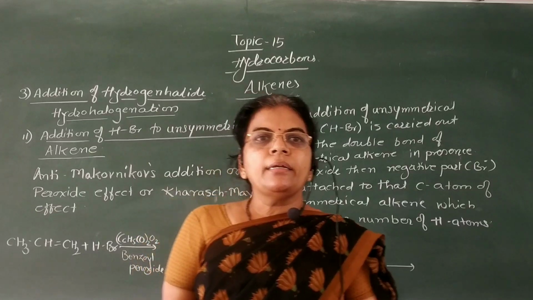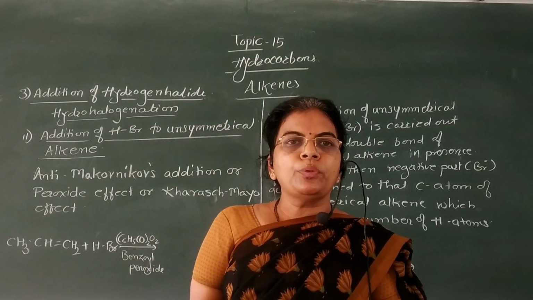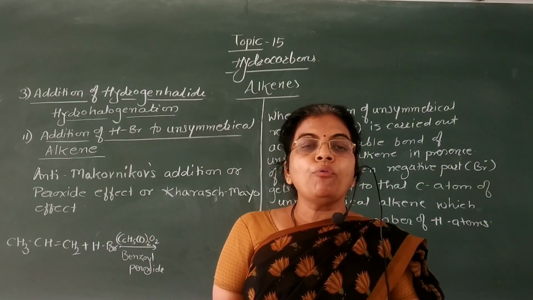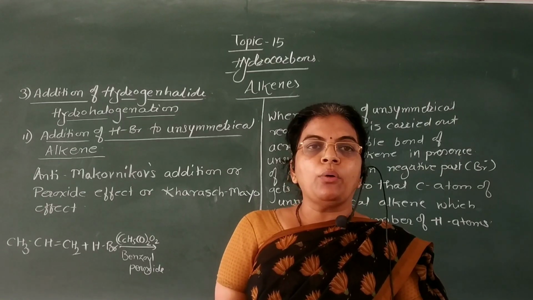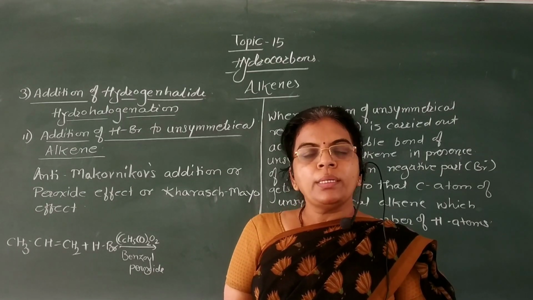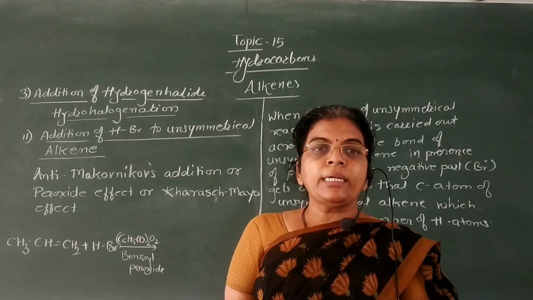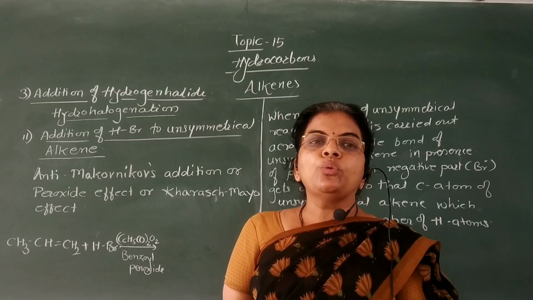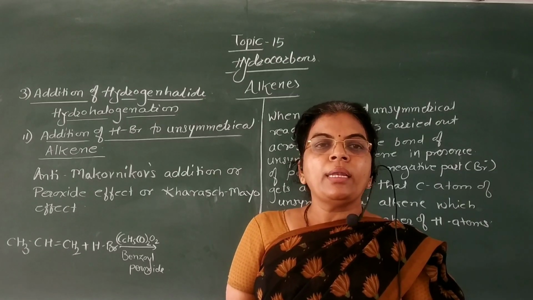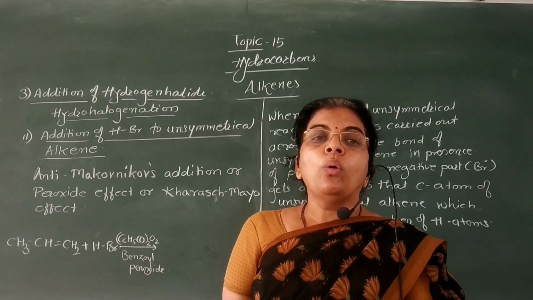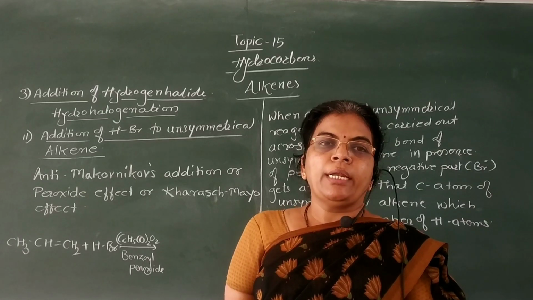We have seen that according to Markovnikov's rule, when addition of an unsymmetrical reagent is carried out across the double bond of an unsymmetrical alkene, the negative part of the reagent, that is X minus, gets attached to that carbon atom of the alkene which has less number of hydrogen atoms.